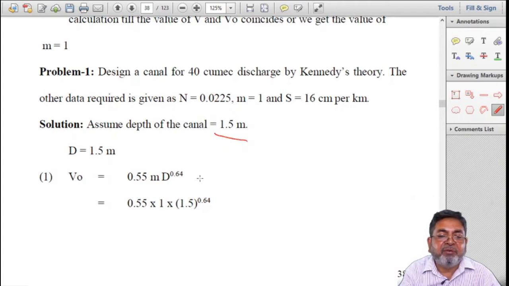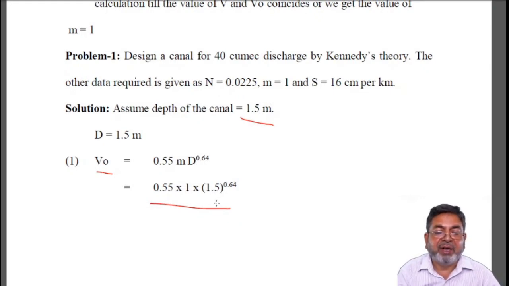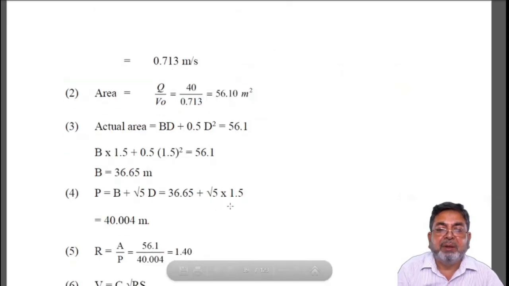With the value of D as 1.5, we have to calculate the value of V0, that is critical velocity. So in this equation, after putting the value of D equal to 1.5, you have to find out this V0.